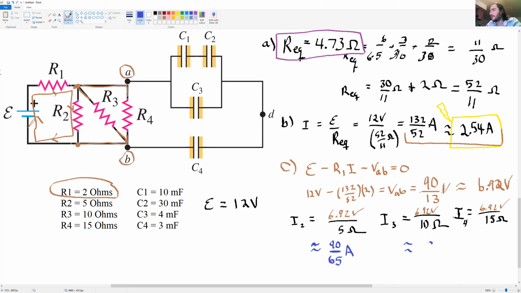For the second one, it's going to be 90 over 130. So we're looking at something that's a little bit bigger than half an amp. And then for the last one here, 15 times 13. So 90 over, what's 15 times 13? 195. So something that's a little bit less than half an amp.